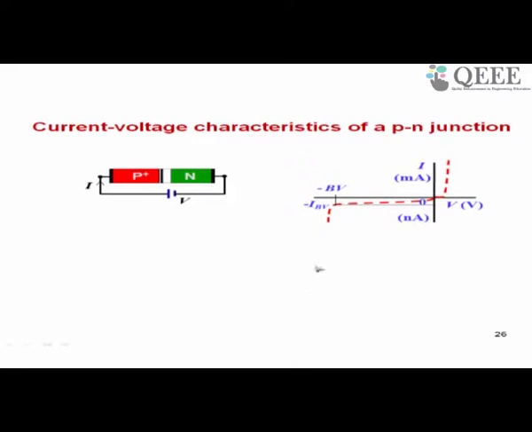As engineers, we should pay particular attention to the orders of magnitudes of quantities that are used here, right? So the voltage axis is in volts and the current axis is in milliamperes here, because we are discussing a small signal device. Further, another important thing you find here is that the positive current axis, which gives forward bias currents, is in milliampere scale, whereas the negative vertical axis, which gives the reverse current, is in nanoampere scale.